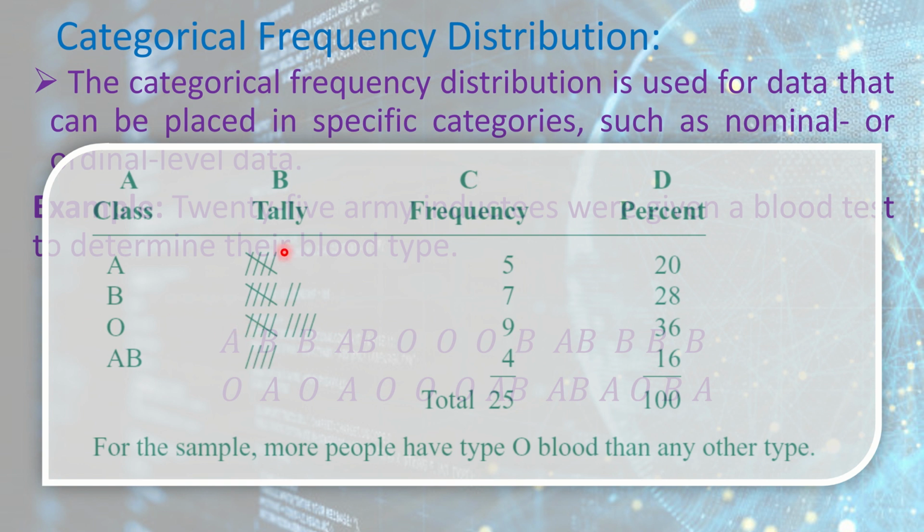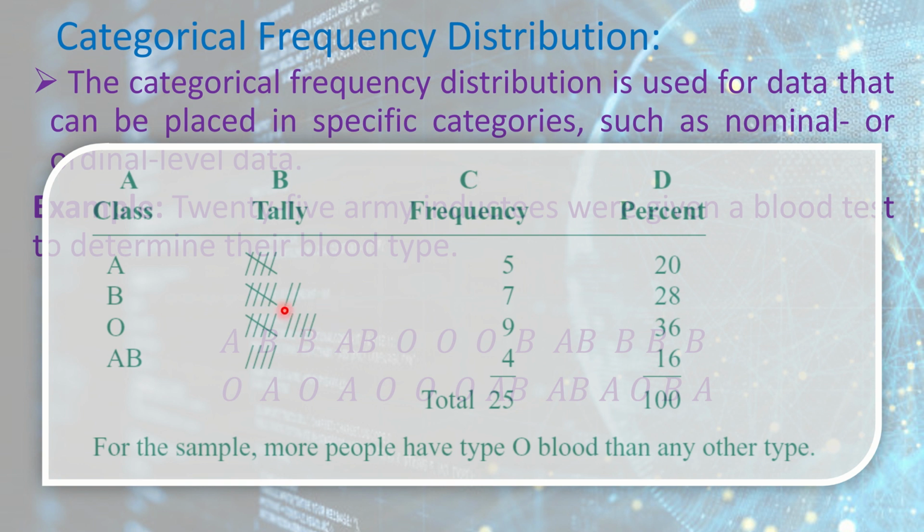And how do we draw tallies? The procedure is you simply draw four lines, and then the fifth one goes across those lines, to make one group of 5 tallies. Then we simply count all these groups. It's one group, so its frequency is 5, and the percentage is obviously 5 by 25, which is 20% if you want to include the percentage as well.